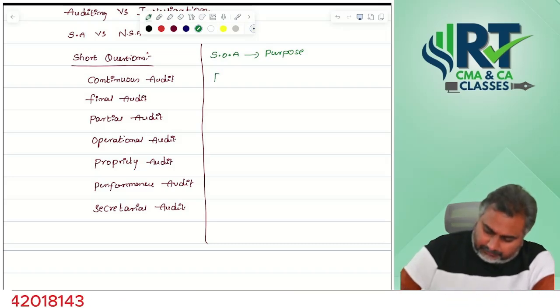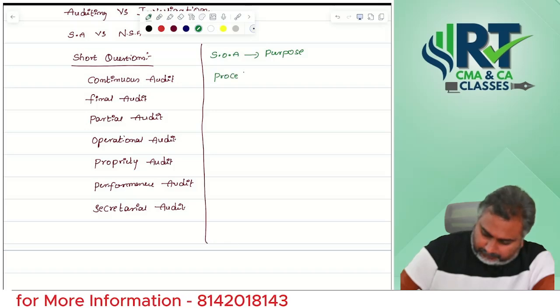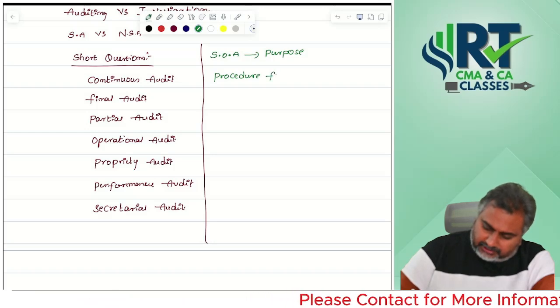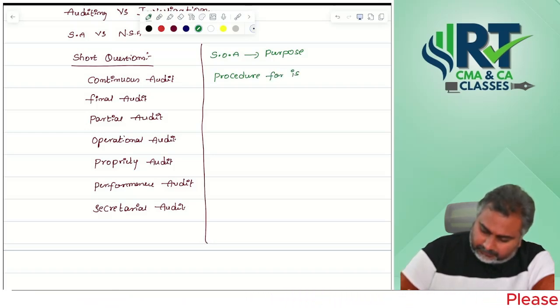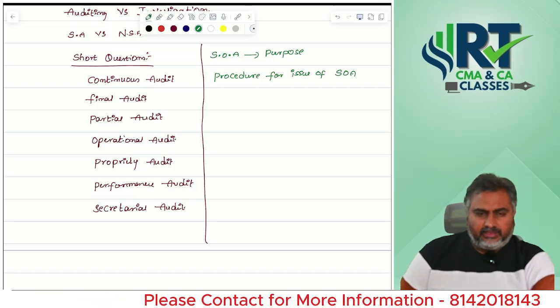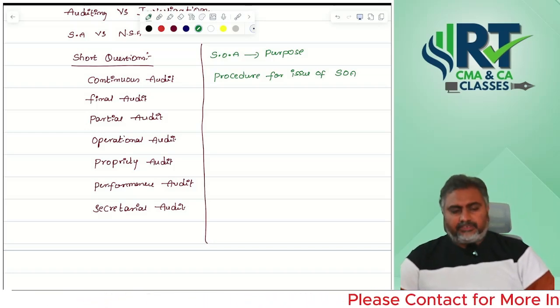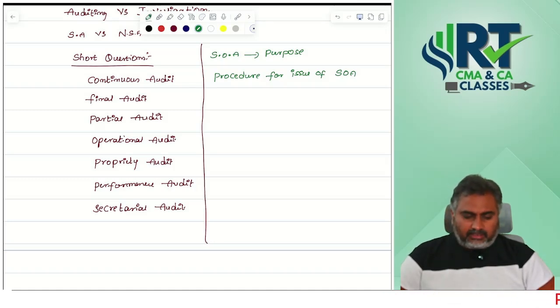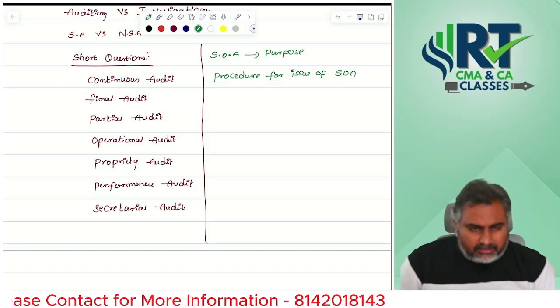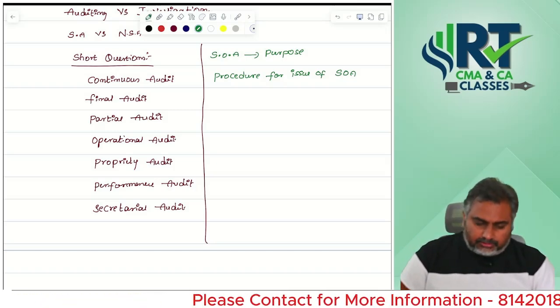Next, procedure for issue of standards on auditing. Sir, those who want to secure more than 35 in auditing should try to focus on these two questions also.